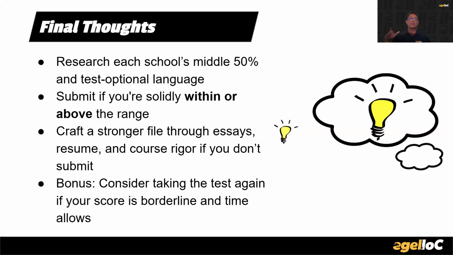If you're below it, consider holding back. So submit if you're solidly within or above that range. Another thing is decide by school, not one size fits all. So you might submit to some of the schools and some you might not.